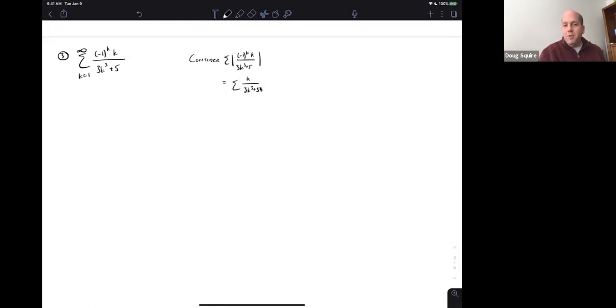So look at this middle problem, and say, okay, if you were to do this problem as a brand new problem, you would say they're all positive, and we would compare to the sum k over 3k to the third. Does that make sense? Everybody clear?